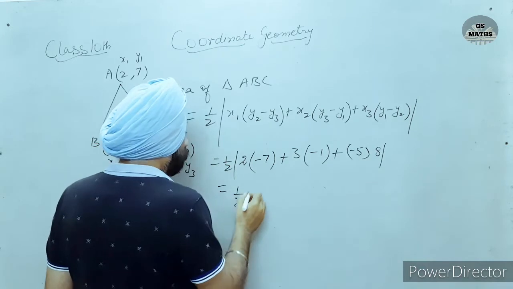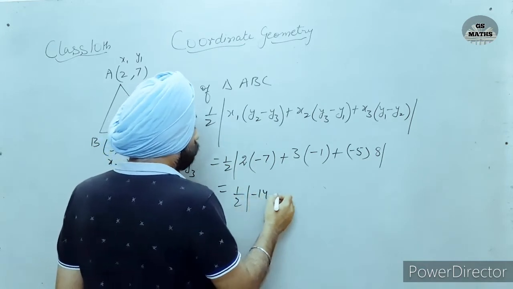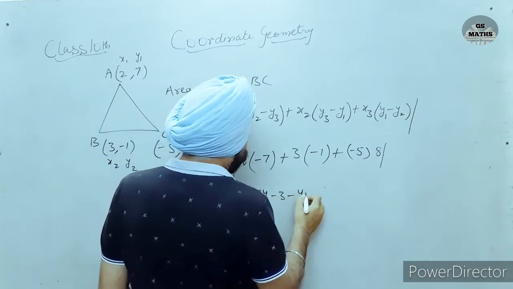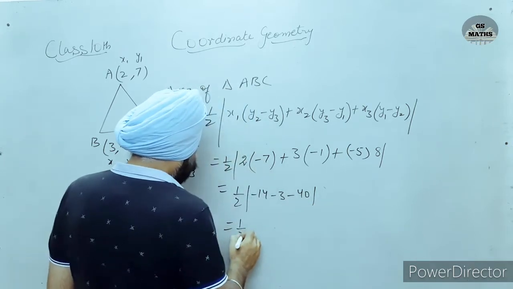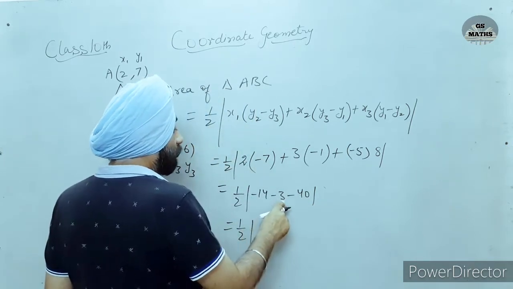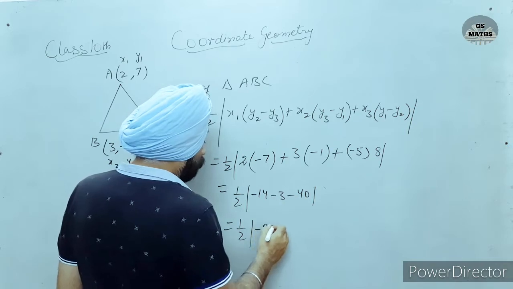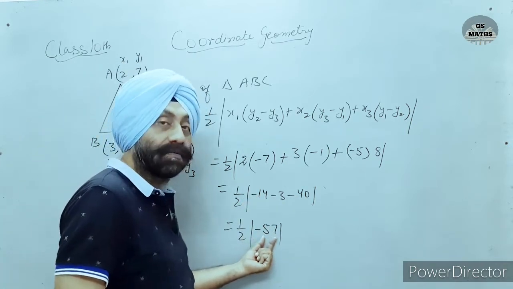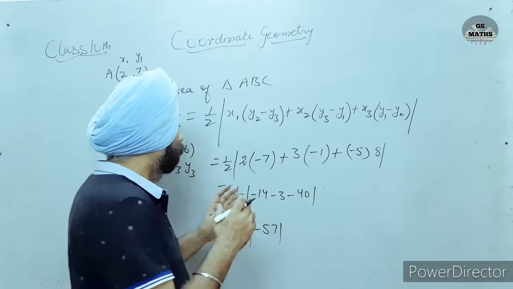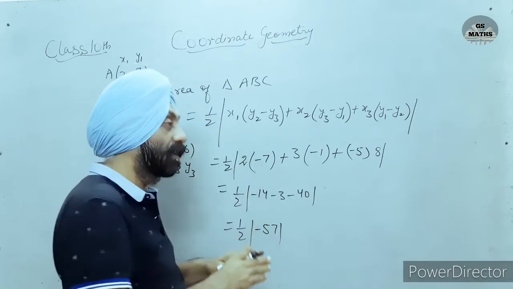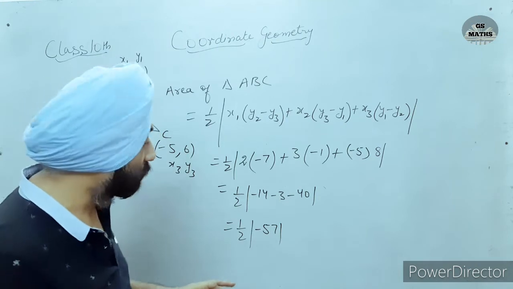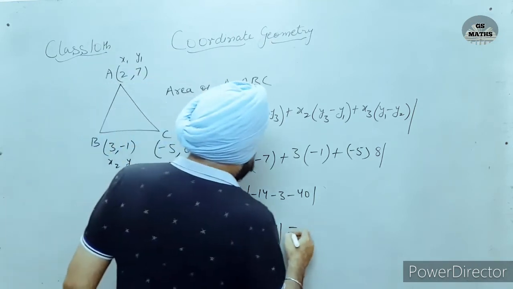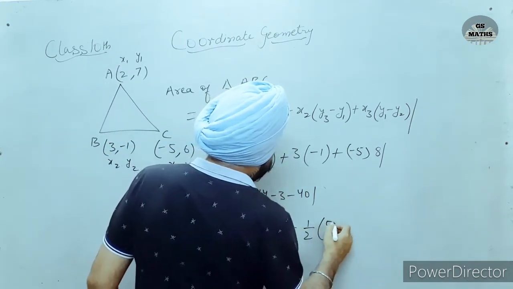Now half of minus 14 minus 3 minus 40, half, it is minus 17 and it's minus 57. I told you that if this numeric value comes out negative, since the area of a triangle or any figure can never be negative, I take the positive value, that is half times 57.